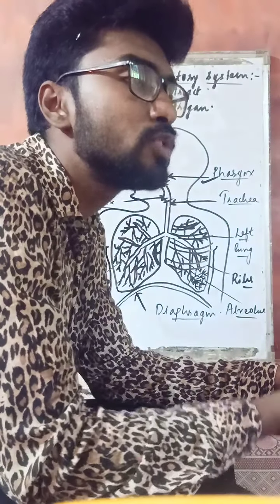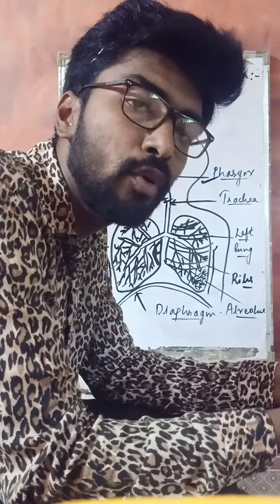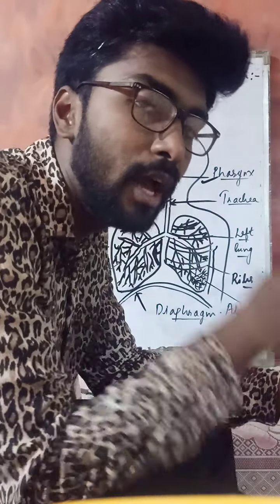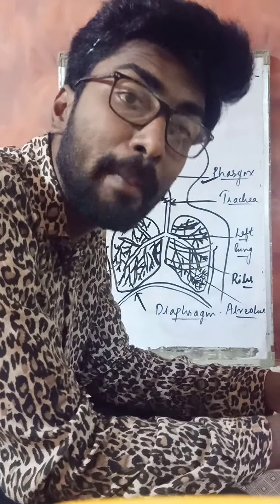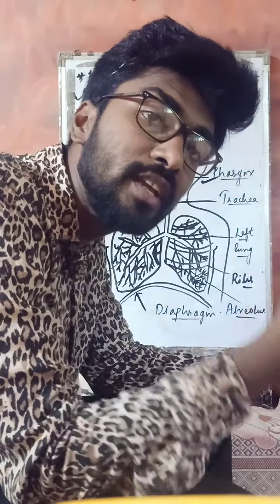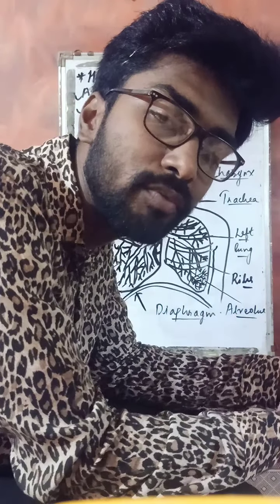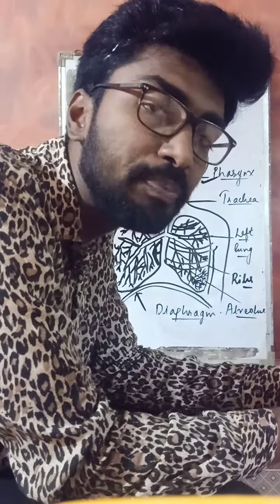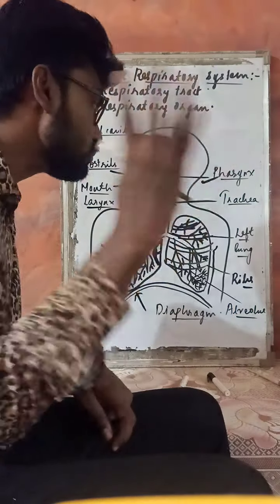So whenever we swallow food material, and by mistake food or water enters inside the trachea, we generally get coughing. So that is due to the epiglottis. The epiglottis is a small lid-like covering around the glottis that prevents the entry of food and water into the trachea. That's what all about your larynx, also called the sound box.